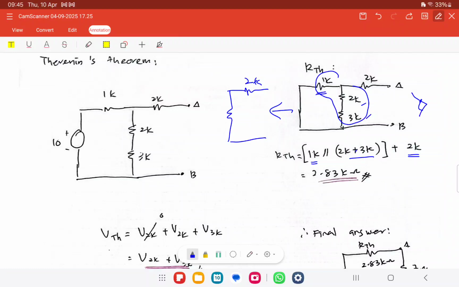So how to get that? Dia dah dapat I. So, V equals to IR.